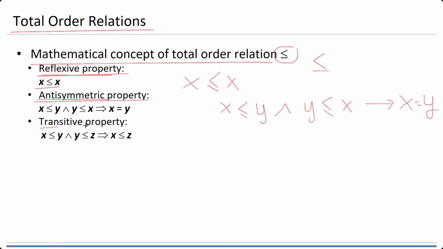And we have the transitive property. The transitive property means if x is less than or equal to y and y is less than or equal to z, then x is less than or equal to z. Okay, so we call this the total order relation.